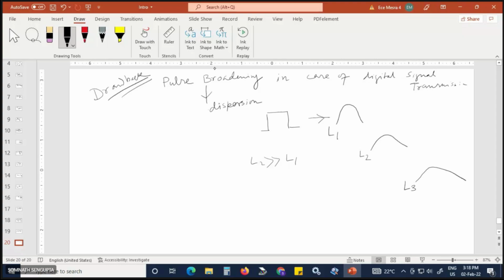And suppose there are two such pulses, after a long distance they may get overlapped. So you cannot distinguish them. This is pulse broadening.